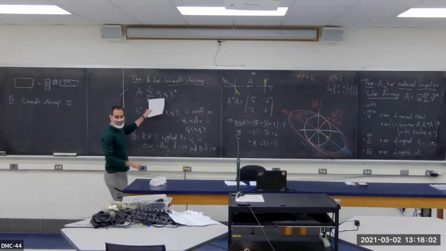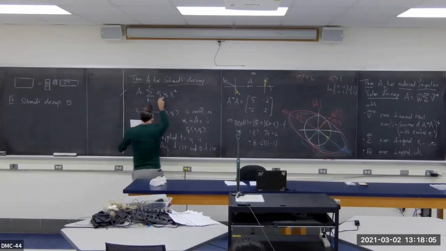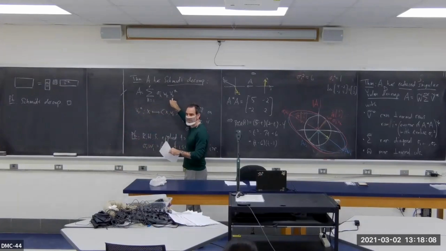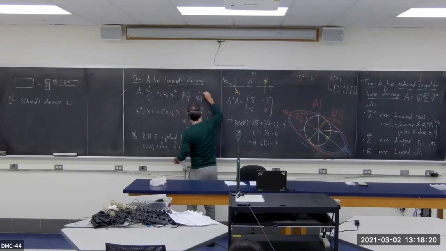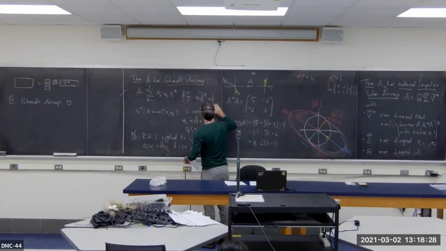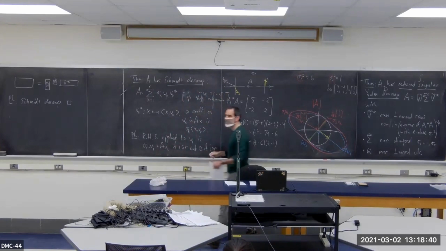If you look at what this formula says, it's sigma k, w k, v k star. So this is literally saying you have a matrix whose columns are w 1 up through w r, then a matrix that has sigma 1 down through sigma r, and then the matrix whose rows are v 1 star down through v r star.